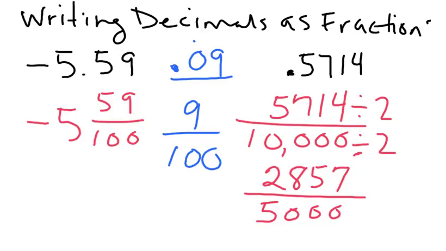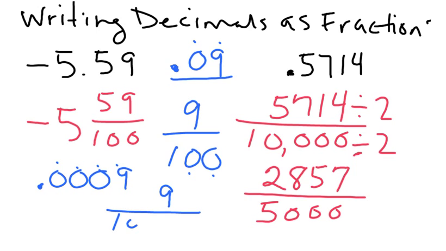And isn't that 2 decimal places, so 2 zeros? See the relationship? What if it had said 0.0009? Then I would have put 9 over 1 2 3 4. 4 decimal places, 4 zeros.